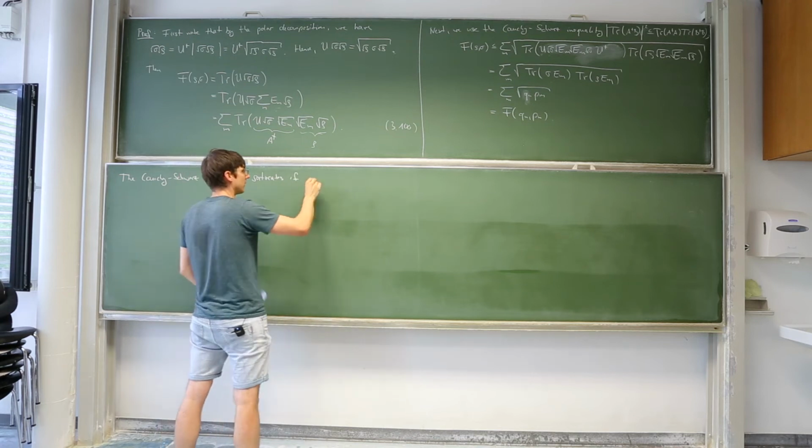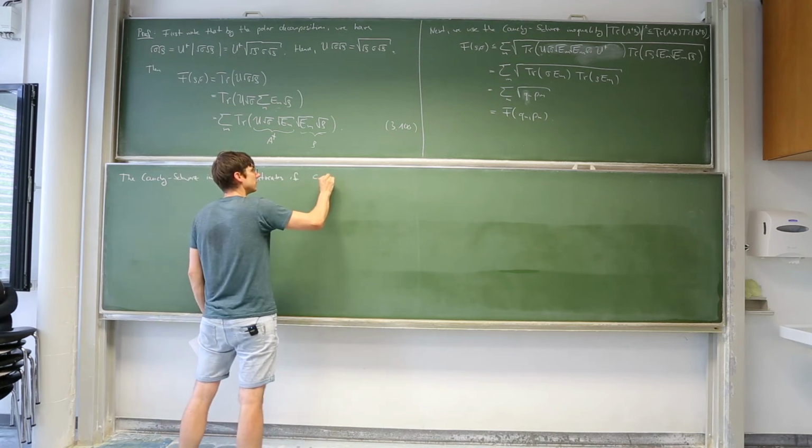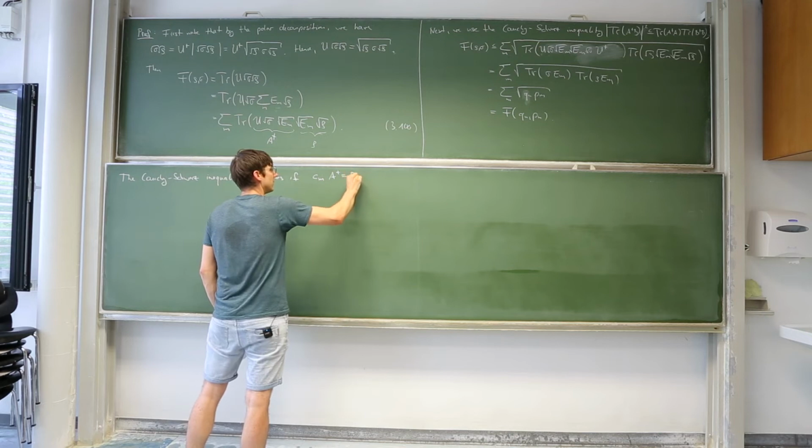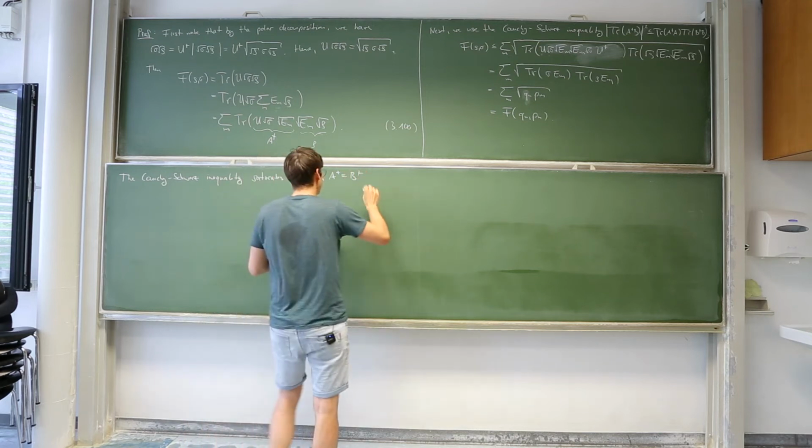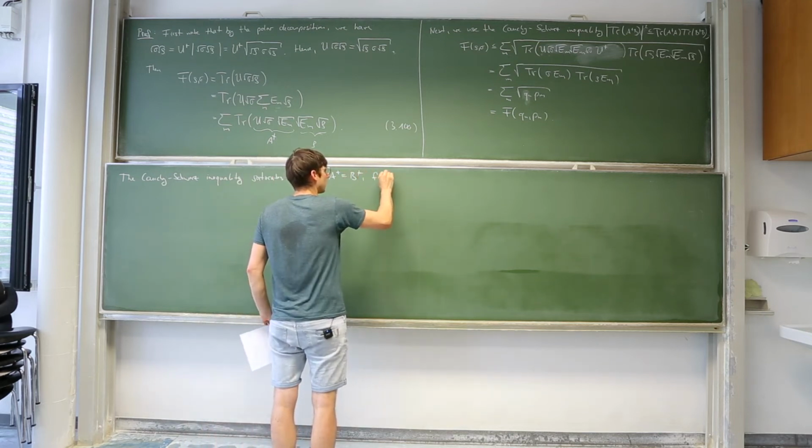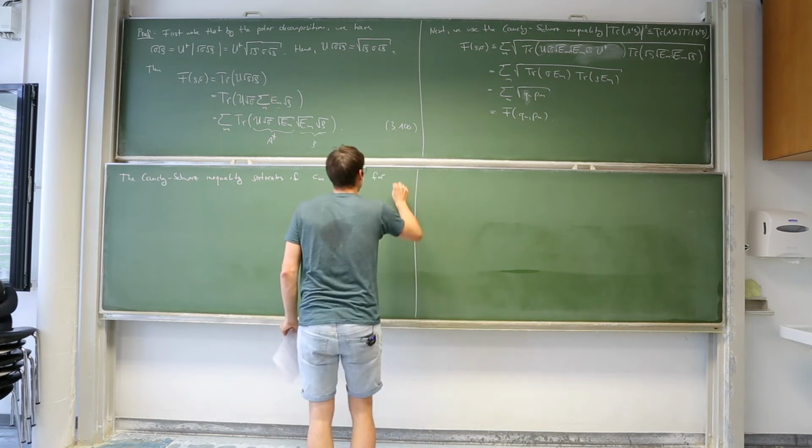if Cm A dagger is equal to B dagger for any constant.